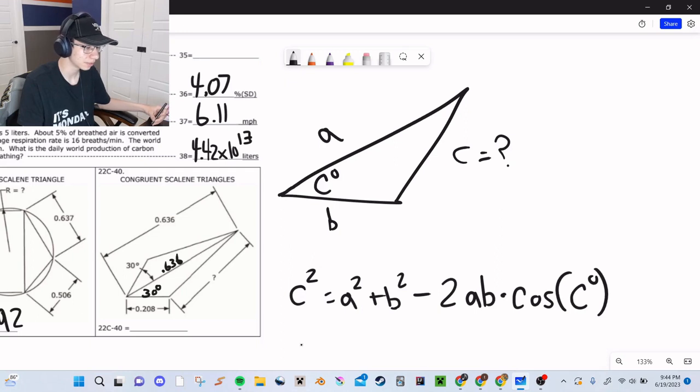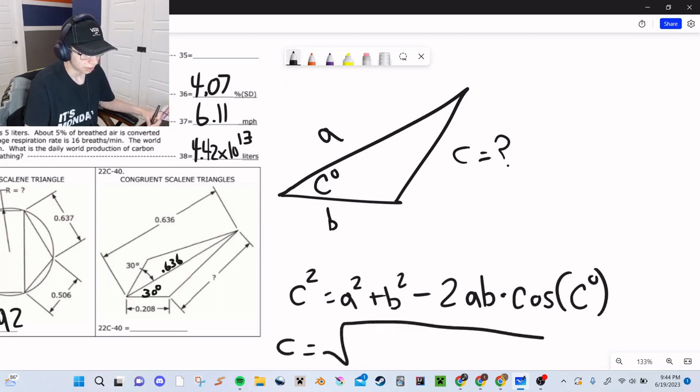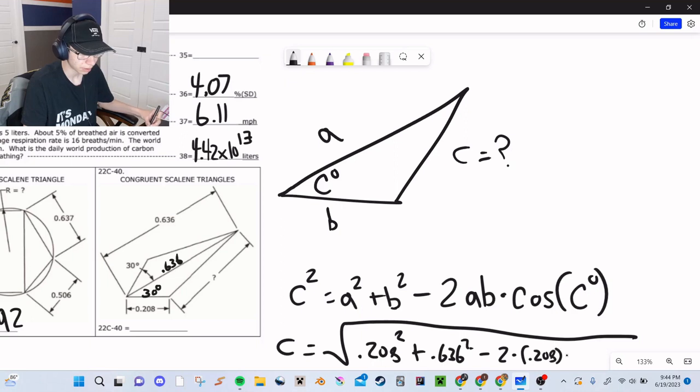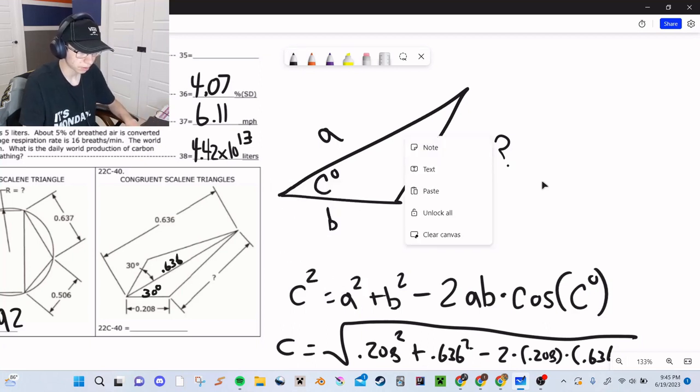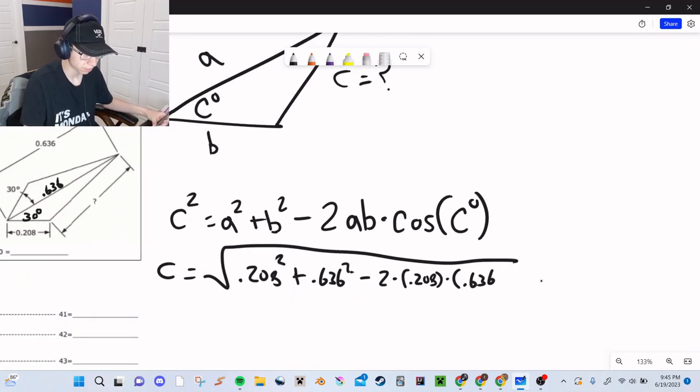Your angle C, right? So to get side C, I'm going to do the square root of 0.208 squared plus 0.636 squared minus 2 times A times B times the cosine of 30 degrees.